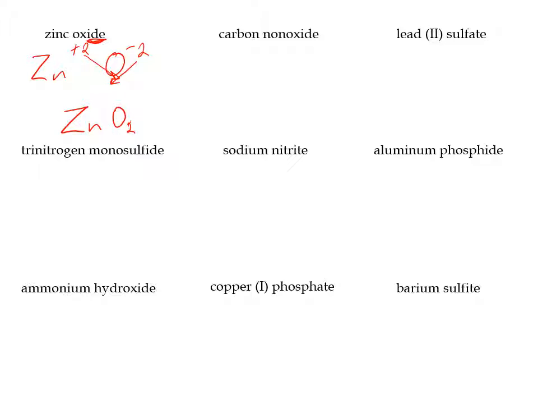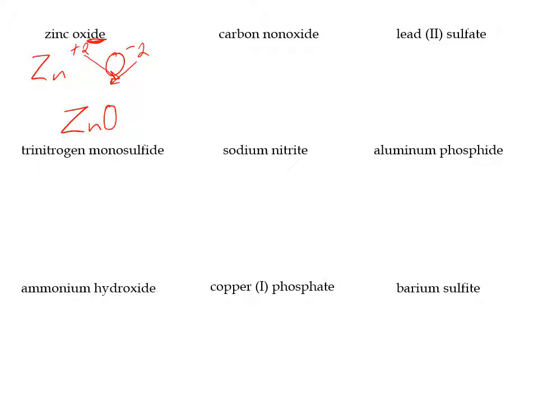So we can just get rid of those 2 numbers, and we're left with 1 each. Let me just rewrite over here, and zinc oxide will be ZnO. You notice the name zinc oxide does not have a Roman numeral because zinc only forms 1 ion, so you don't need any extra information. You don't need any extra details. It's just zinc oxide. It's the only thing it's ever going to look like.